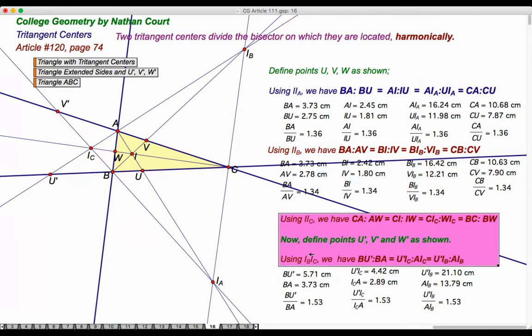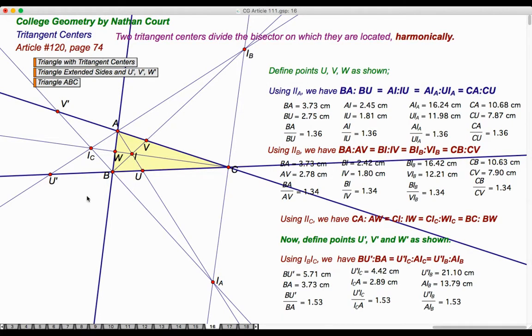So now I need to define U prime, B prime, C prime, that are on the extended sides of triangle ABC. On triangle ABC, we have here point U, and on the extended side is point U prime. On side AC, we have point B inside, and on the extended side is B prime.